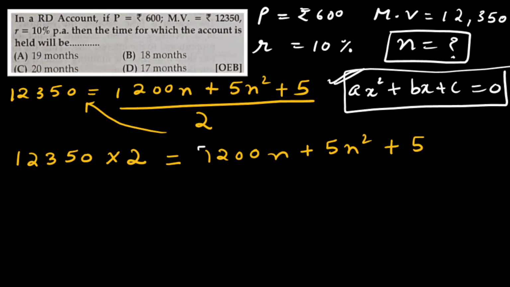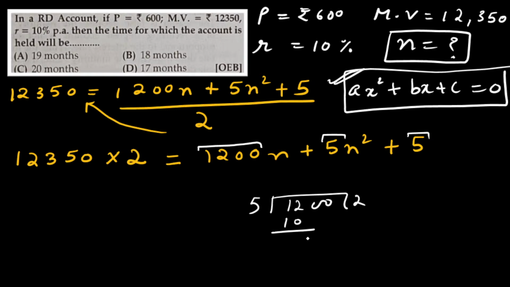So on this side, three terms are there. In all three terms, 5 is a common factor, because 1,200 if you divide by 5, you will get 240. I am just finding out the common factor. Yes, 240. This is also 5 into 240. 1200 is 5 into 240.